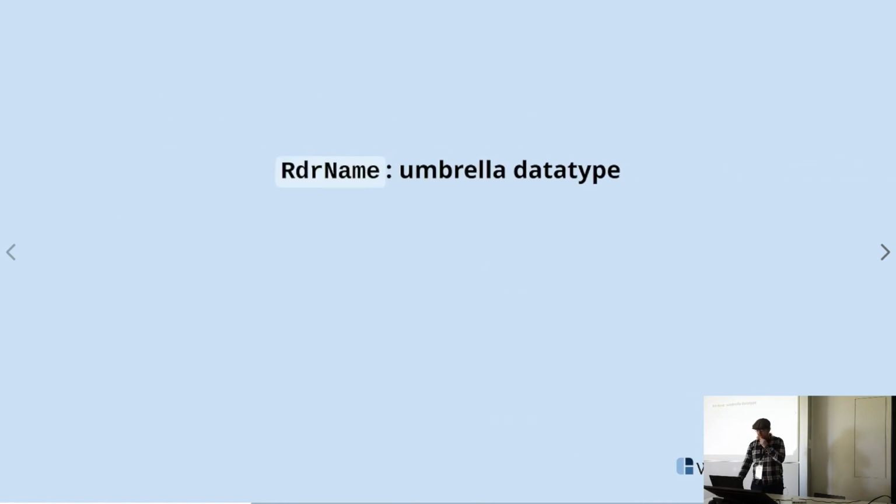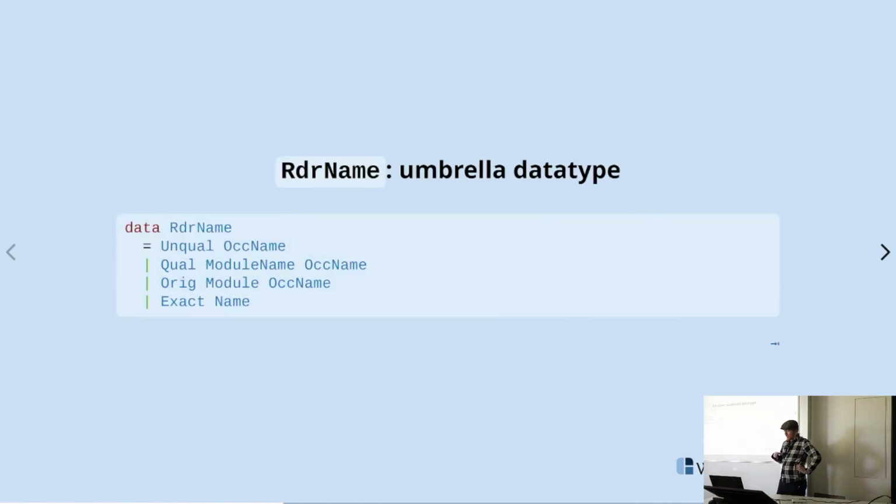Okay, then we've got this RdrName data type, which is the most general data type when you don't really know what something is. You're going to have a mix: maybe you've imported a module which has been fully type checked and you know everything about, so you might be referring to some of those identifiers exactly by their unique.